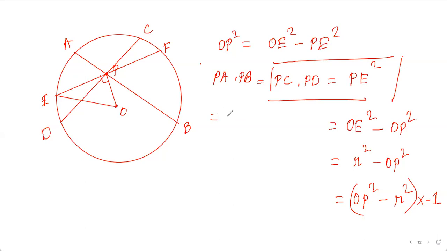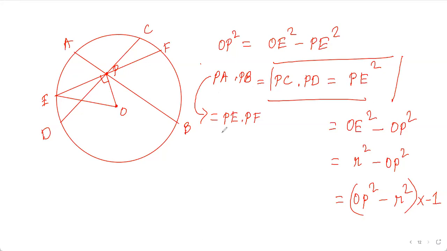So PE times PF. I can say that this is also equal to PE times PF. And now this is simple, right?